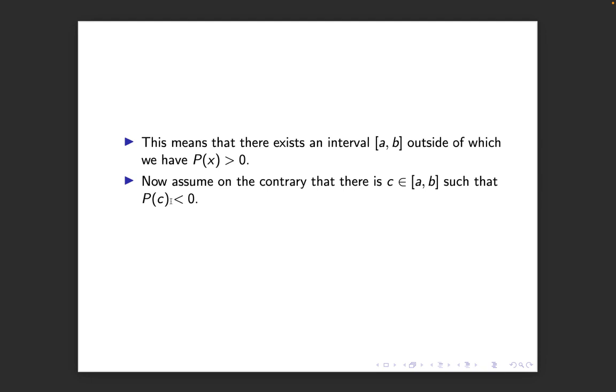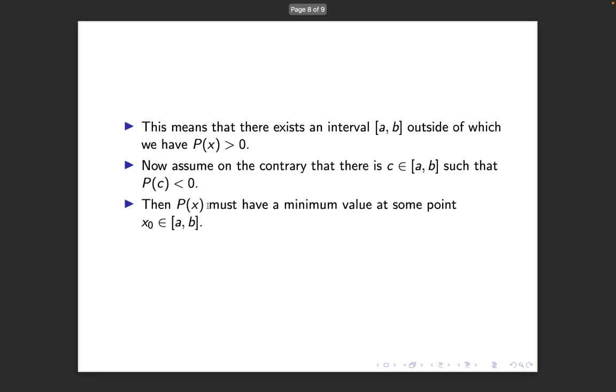In fact, it has to have a global minimum, because as x goes to plus infinity or minus infinity, the polynomial itself goes to infinity. So there has to be a point which is a minimum point for the polynomial.